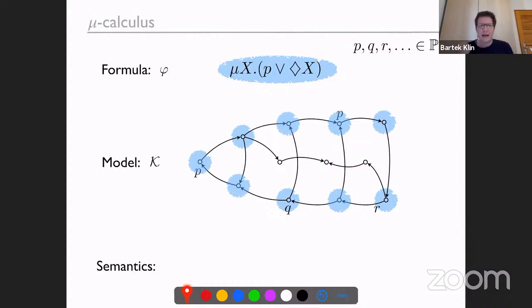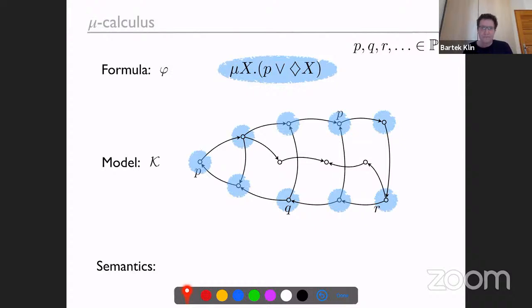So I showed you by example the syntax of the μ-Calculus. It has basic properties, it has propositional connectives, it has the diamond modality, and it has the least fixed point construction, and essentially it doesn't have anything more.